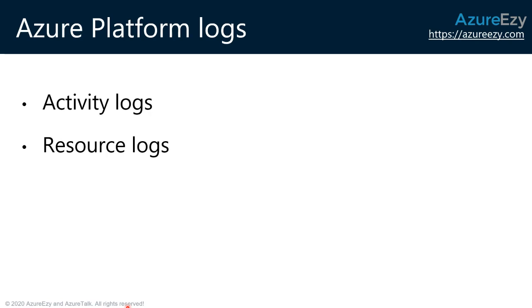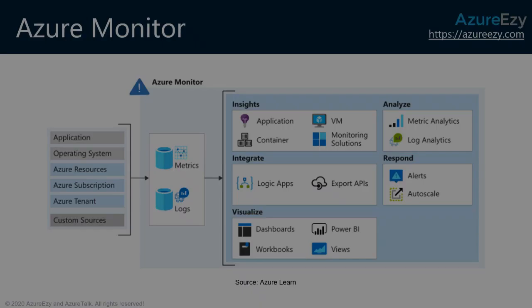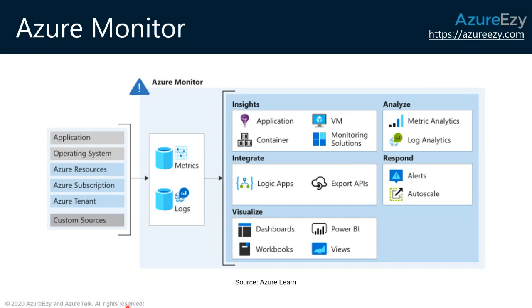Once you have the logs, you can do different kinds of things. When you are dealing with multiple types of log, you would like a central thing which can help you accumulate all that information. That's where Azure Monitor comes into the picture.